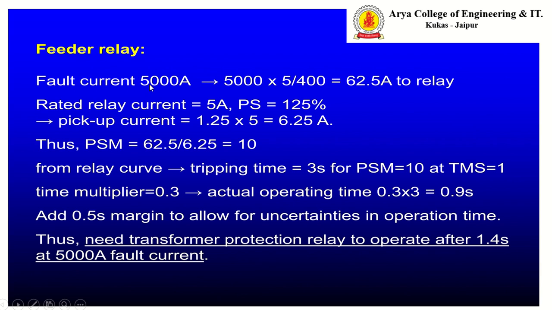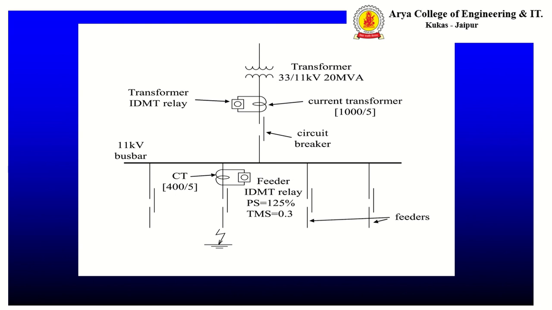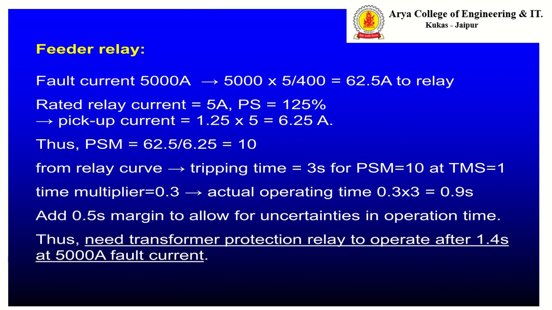Now the fault current is 5000 ampere, suppose it is given, then 5000 into 5 divided by 400, where 5 stands for the CT ratio 400/5, then into 5 upon 100, and we obtain 62.5 ampere to the relay. Now what is the rated relay current?